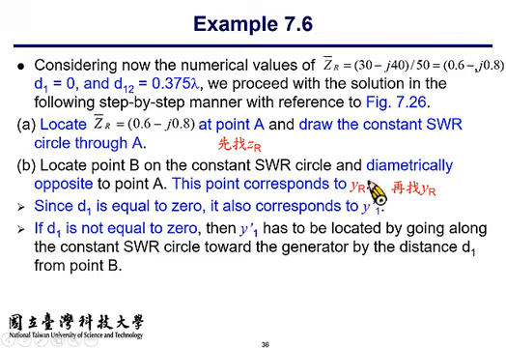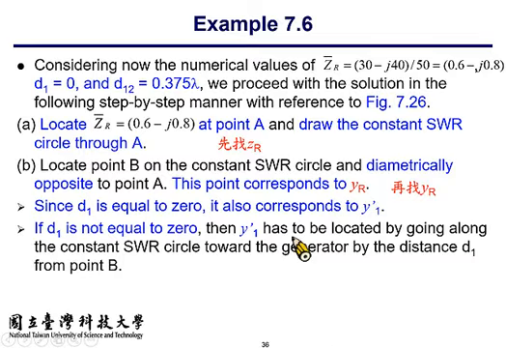The admittance is placed diametrically opposite point A on the constant SWR circle. So first draw the constant SWR circle and enter point A, then find the opposite of point A to get point B.